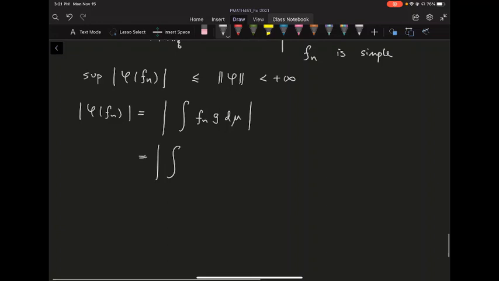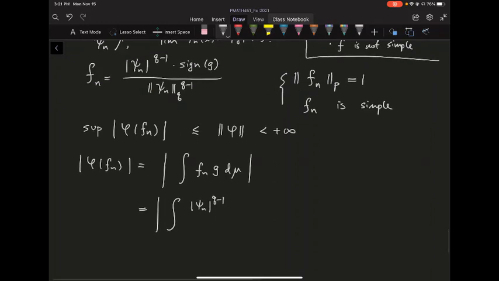So fn is equal to psi n raised to the power q minus 1, and I divide by the constant, which is the q norm of psi n raised to the q minus 1. And then I also multiply a copy of the sign of g times the absolute value of g, d mu. Well, everything here is really positive, so let's just remove the absolute value outside.